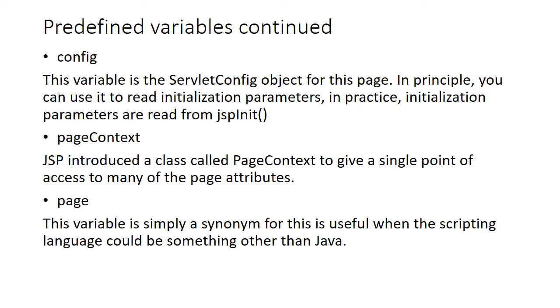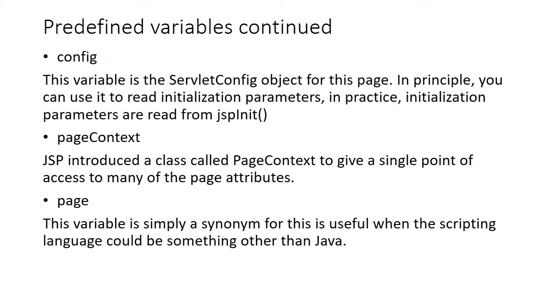Page context is another object. If you observe here, for the object my p is small, whereas for the class my p is capital. So my pageContext is an object of the PageContext class.